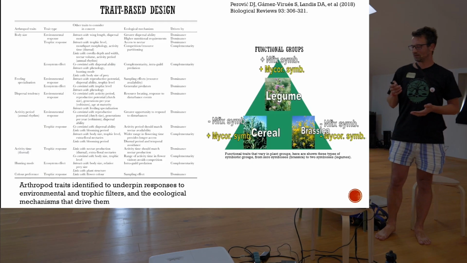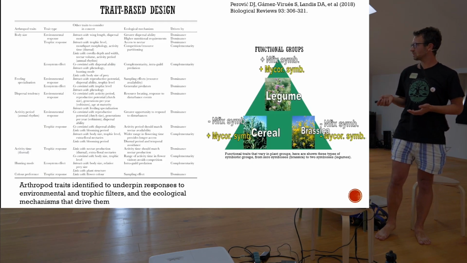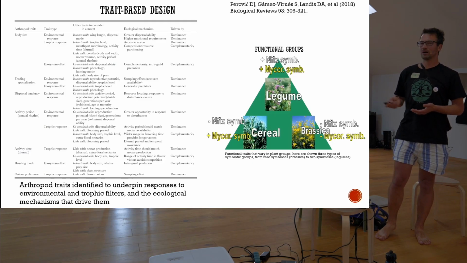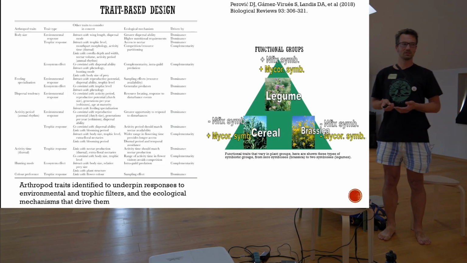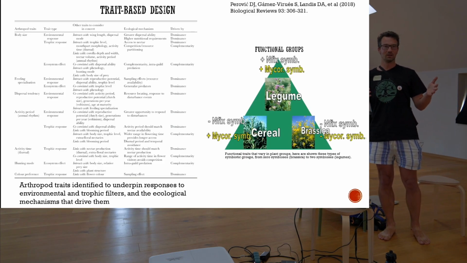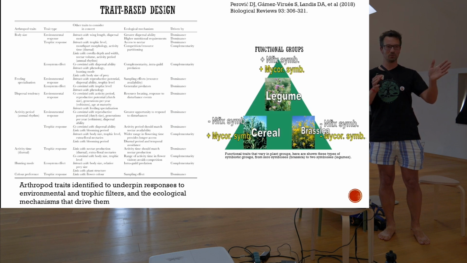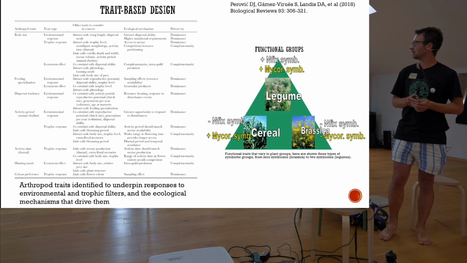And there are researchers who say that traits are very good predictors of ecological interaction. So just knowing the size of the insects, without knowing the species, you can predict the flight distance of these insects.